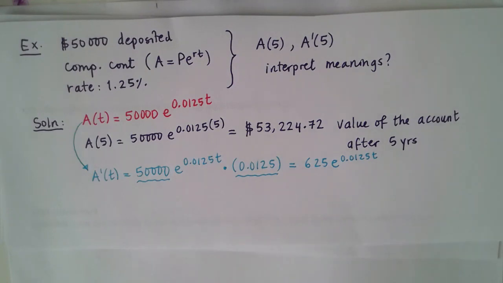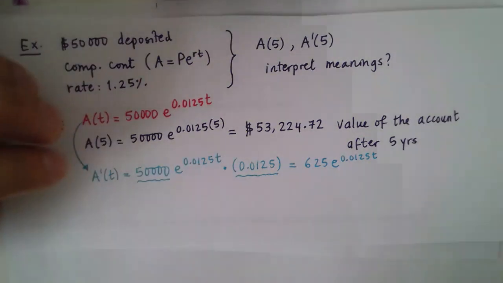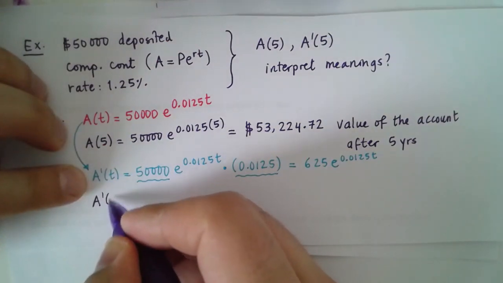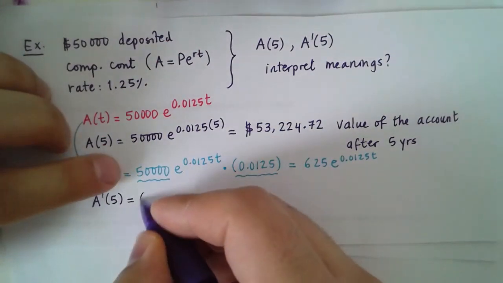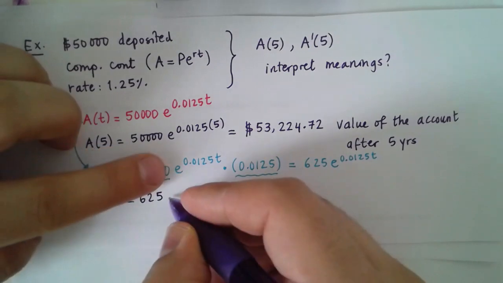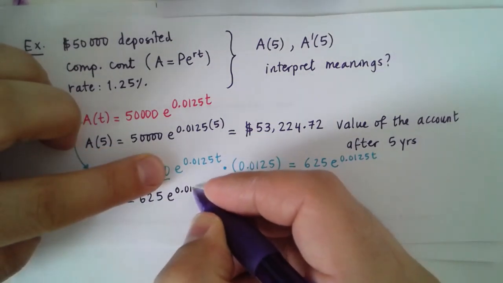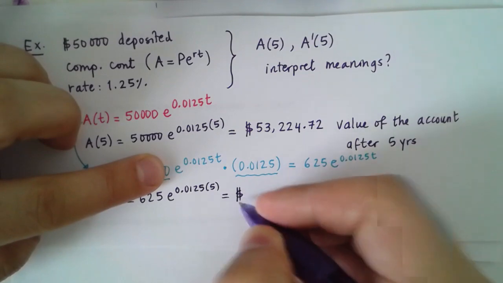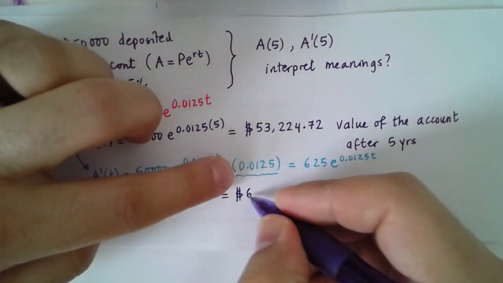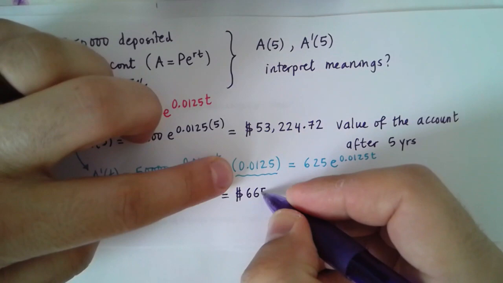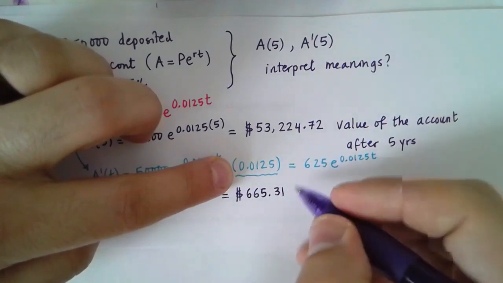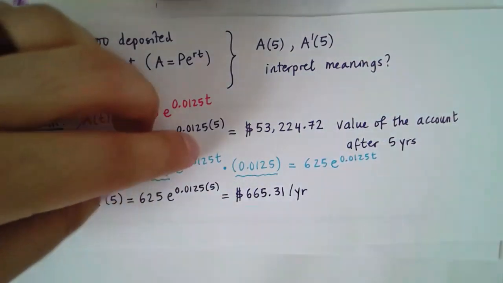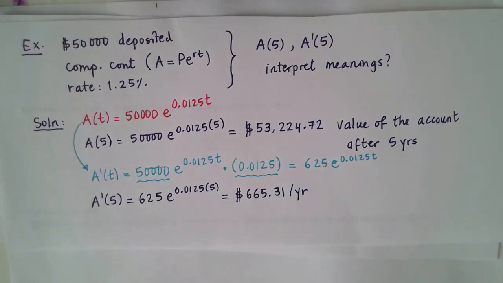This is the derivative function. Now we plug in 5. A prime of 5 is 625 e to the power 0.0125 multiplied by 5, and you will get $665.31. This is per year, because you're finding the rate of change of the account at that time, 5 years.